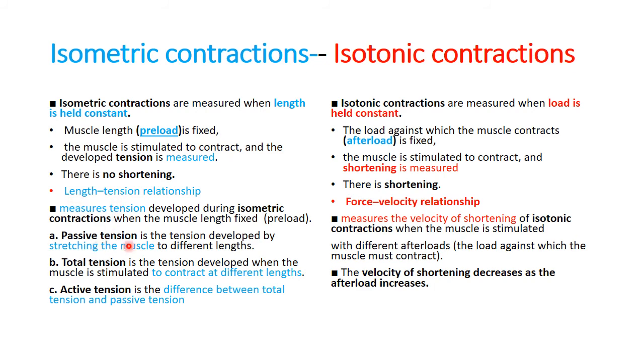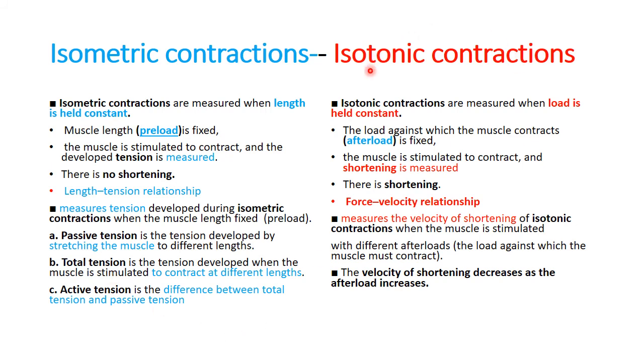Passive tension is developed by stretching the muscles to different lengths. We always give you this example in the previous two diagrams. Now the total tension is developed when the muscle is stimulated to contract at different lengths, and active tension is the difference between the total tension and passive tension.